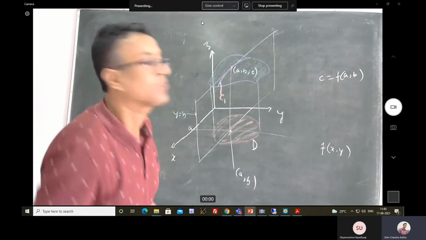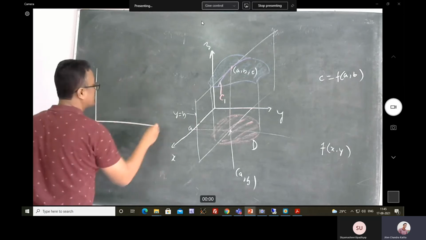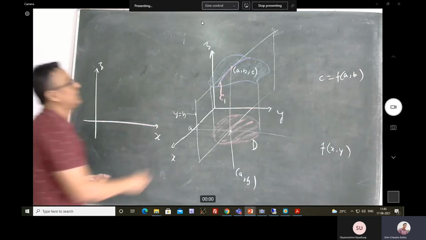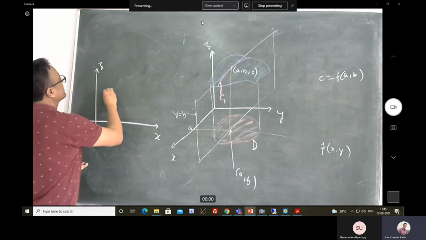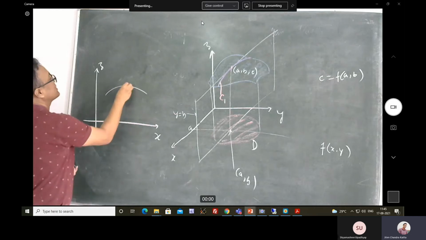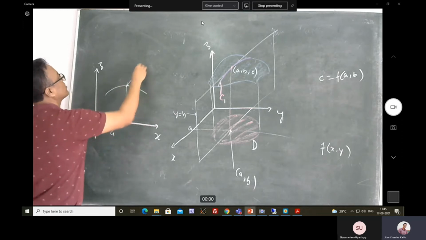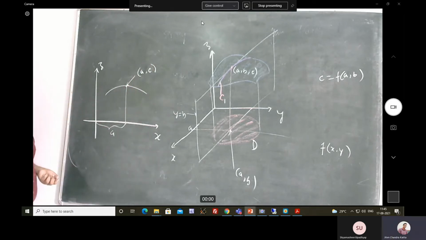Since my y is fixed, I can simply consider the xz plane, and this curve C1 is going to be something like this. This is x equals a, and this is the point (a, c), isn't it?